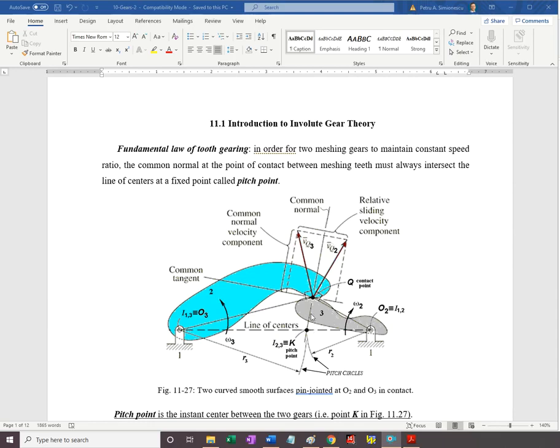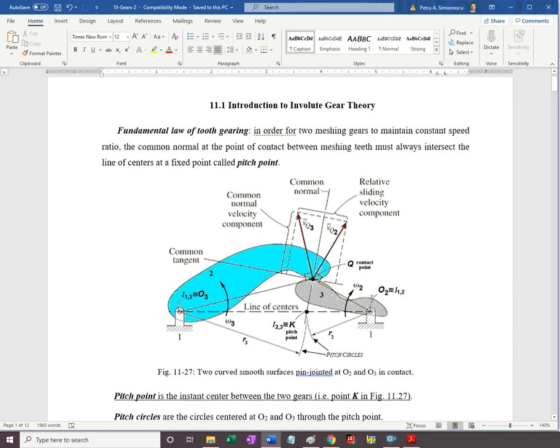Anyway, so teeth in contact are curved surfaces with special properties. We want the transmission ratio between the two gears to be constant. It's one main requirement, and it's expressed by the fundamental law of tooth gearing.